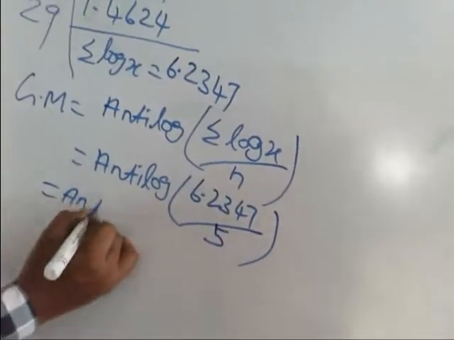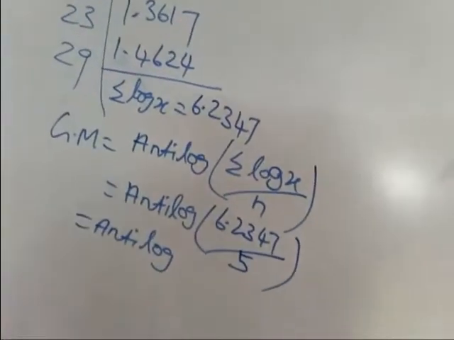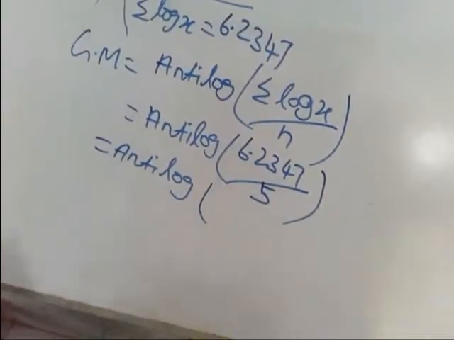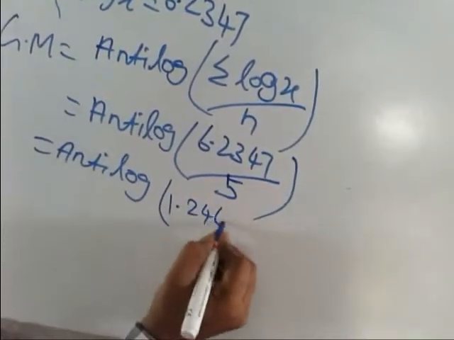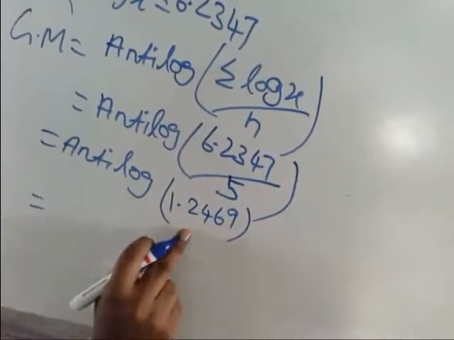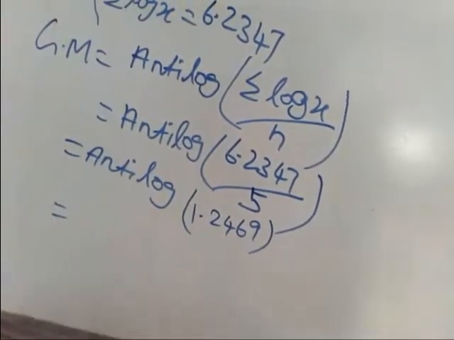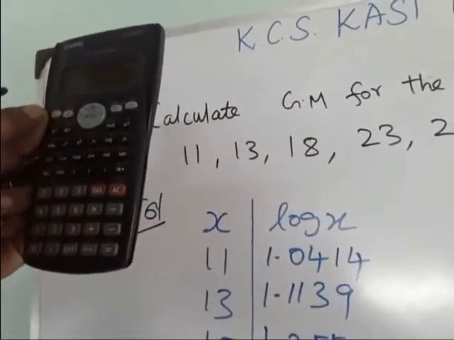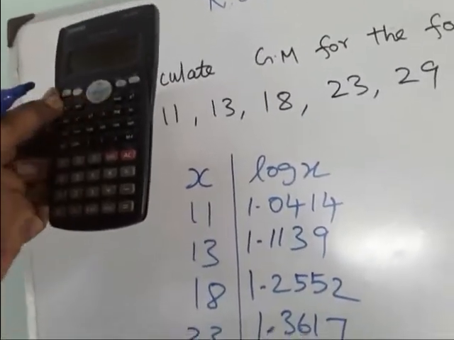Again you write antilog. Now divide this. If we divide this, we get 1.2469. Okay. Now for this value find the antilog. I will teach you how to find antilog. In the calculator, first type shift then log.